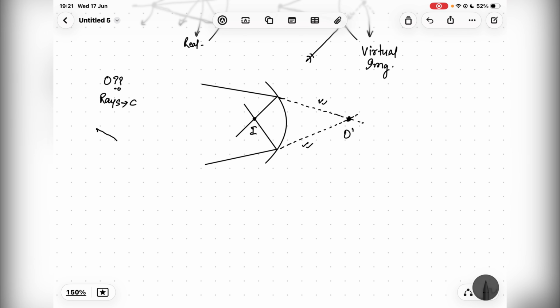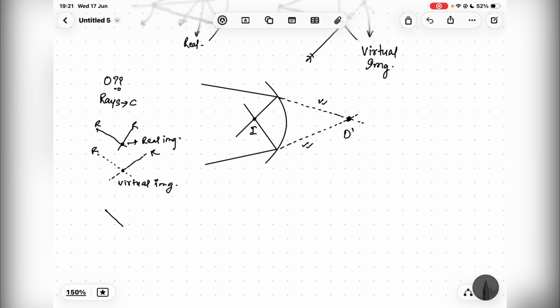If reflected rays intersect somewhere, real image; reflected ray, virtual image.